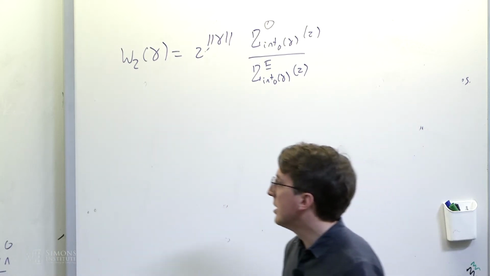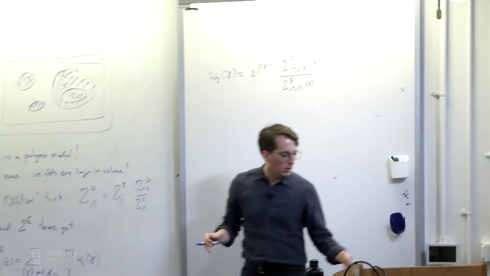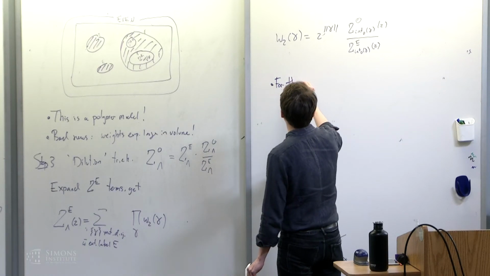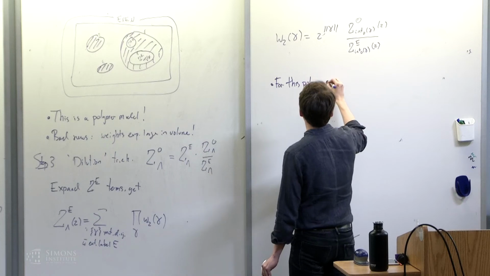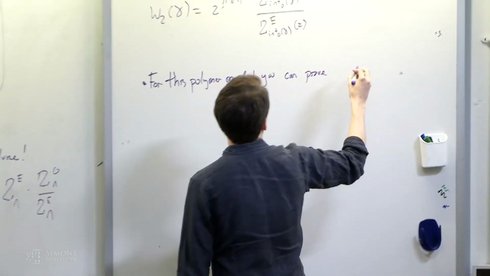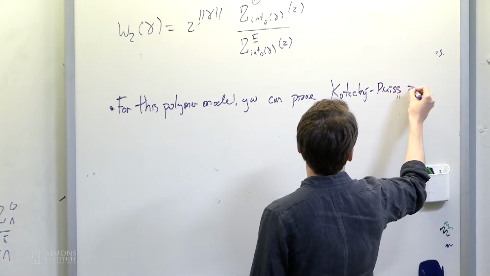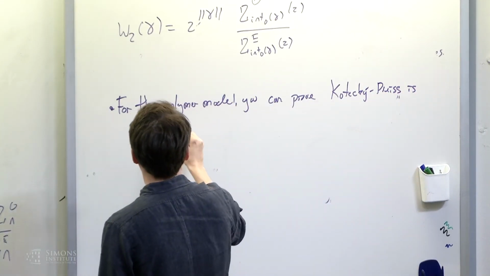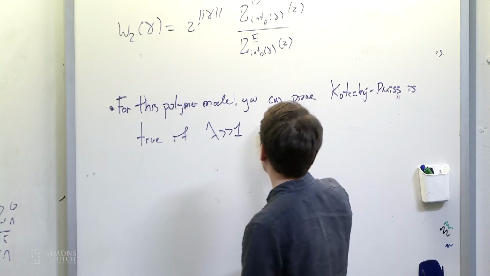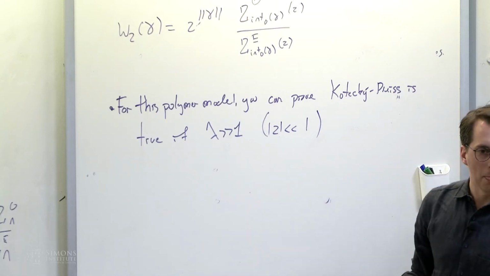So why is this one much better? Well, I no longer have these volume factors corresponding to the interior, so I could hope that my weights are going to be small. So for this polymer model, you can prove Kotecký-Preiss is satisfied if lambda is very large, or in our current notation, if Z is very small.